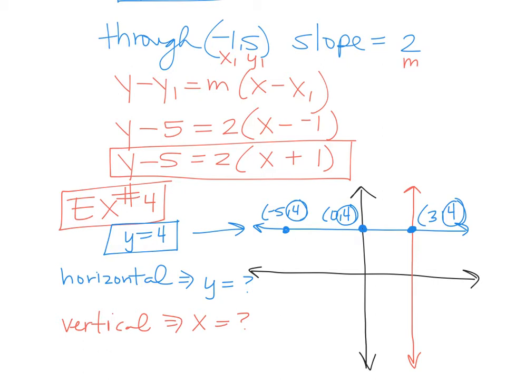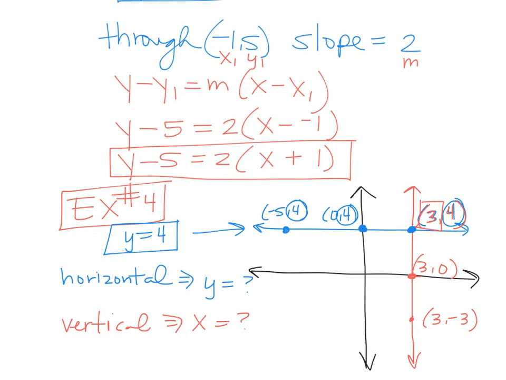For the red line, if you were to plot some of those points, this point here would be 3, 0. This one up here was 3, 4. Right? If I picked one down here, maybe it's 3, -3. Okay? What never changed on that red line? The x value, right? It's your 3. That never changed.